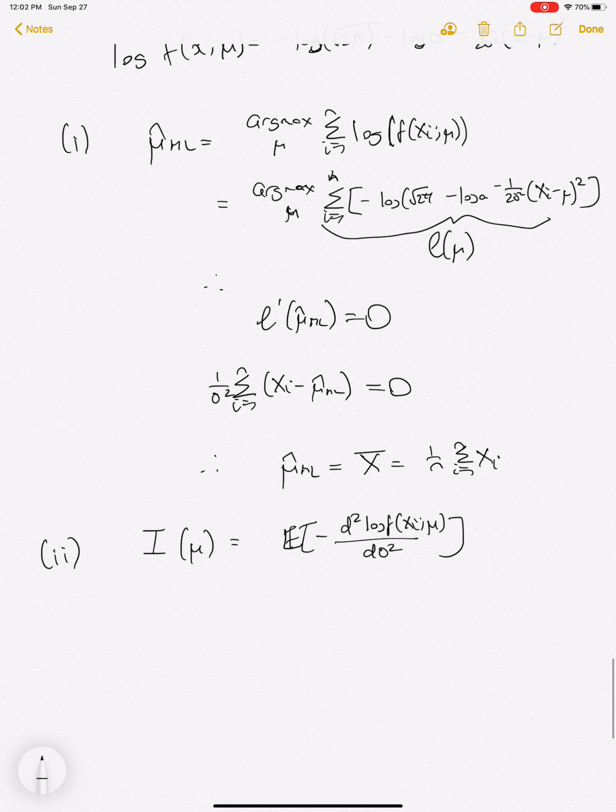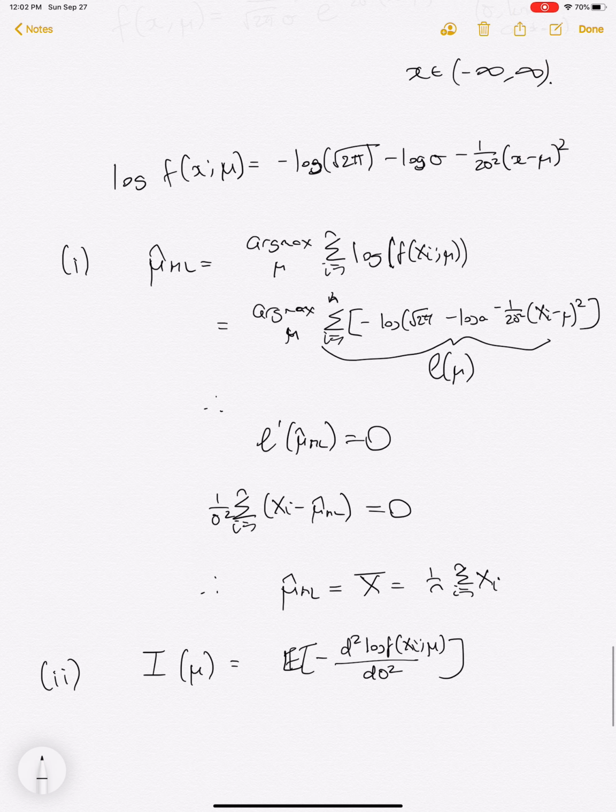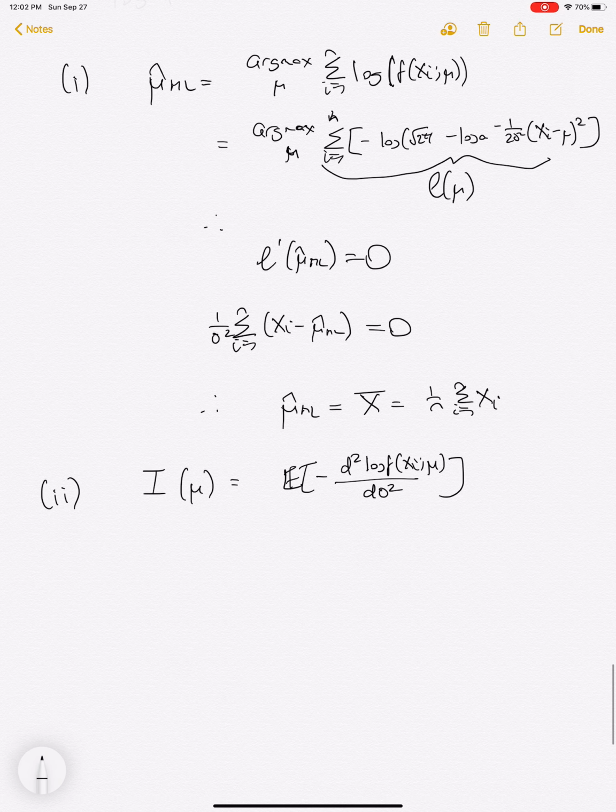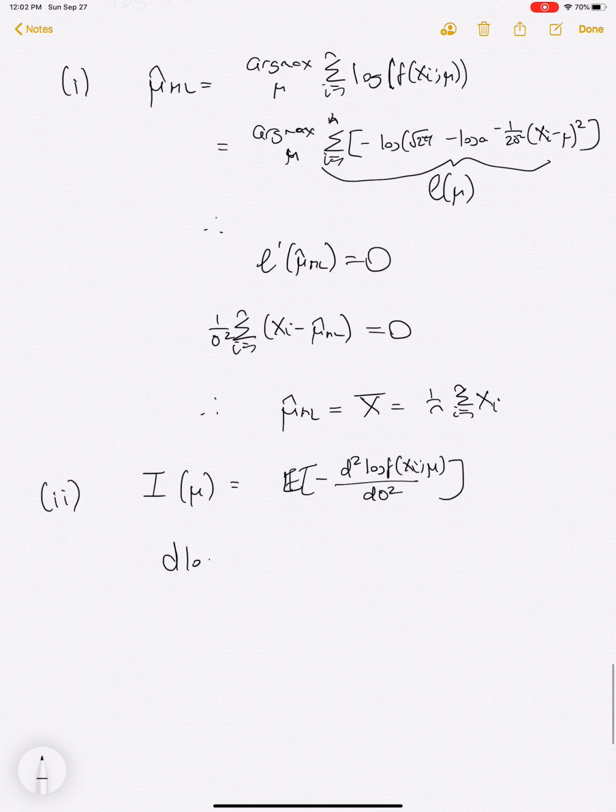Okay, so if we look back at the log, we have the derivative with respect to mu, which we've already calculated.